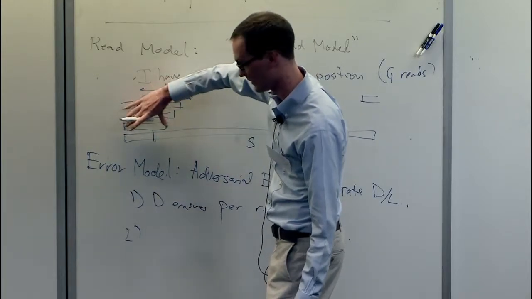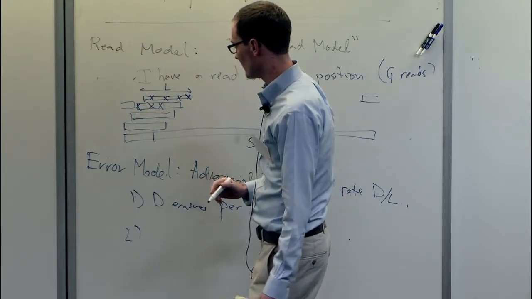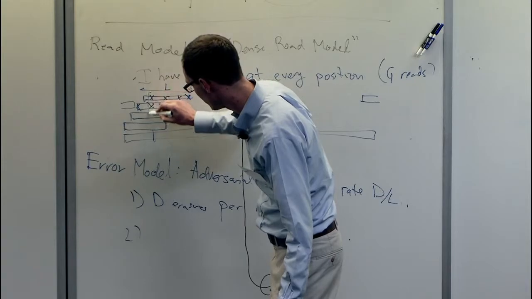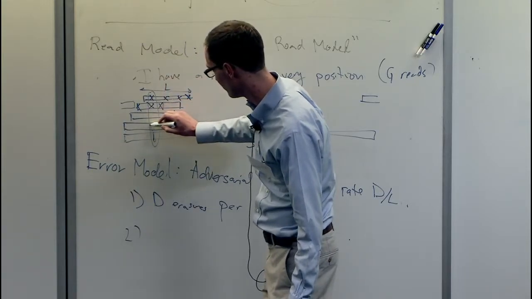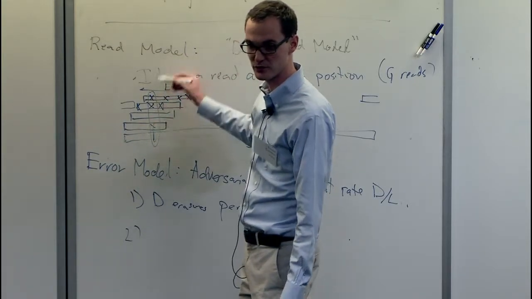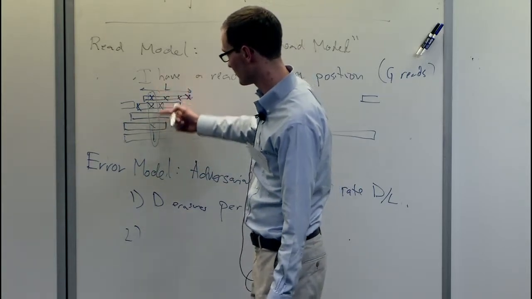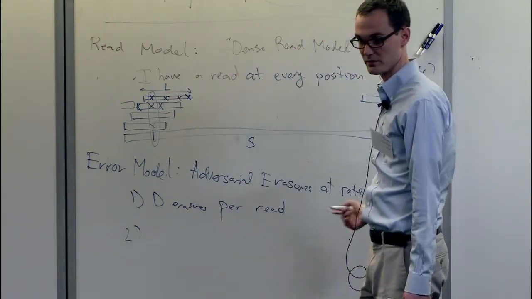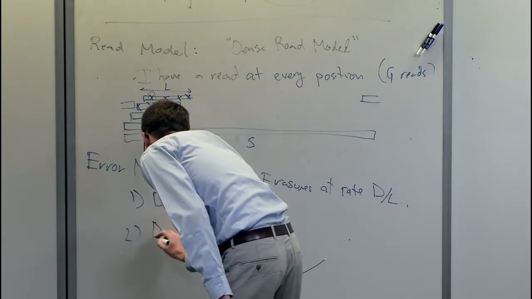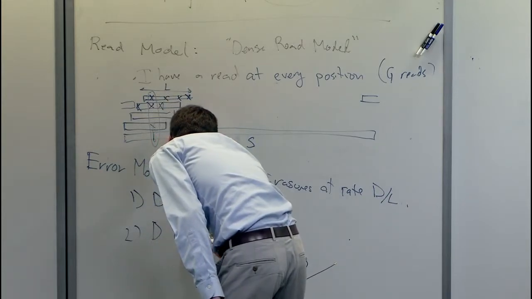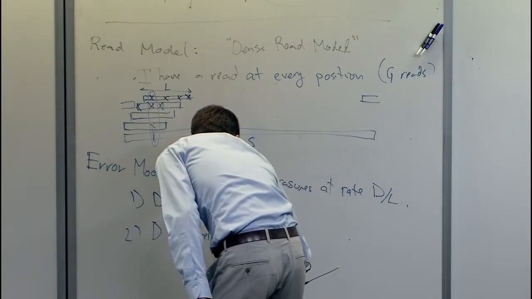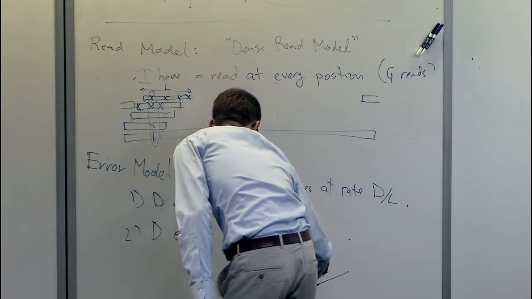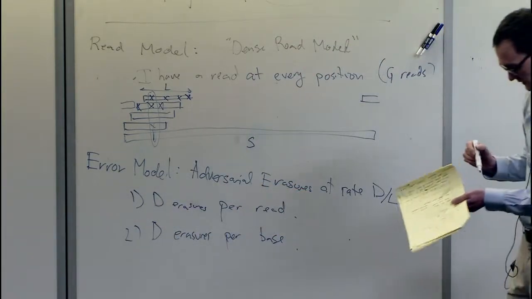Exactly L, right? And so what we also do is we restrict the adversary to put at most D erasures per base, right? So this is consistent with the error rate D over L. So D erasures per base. Okay, so that's the basic idea.